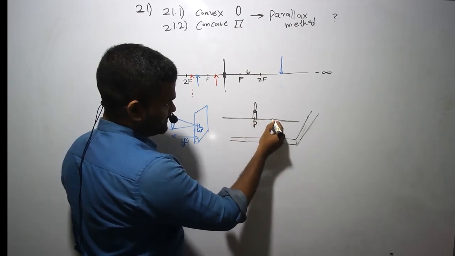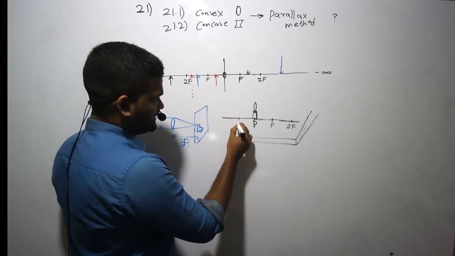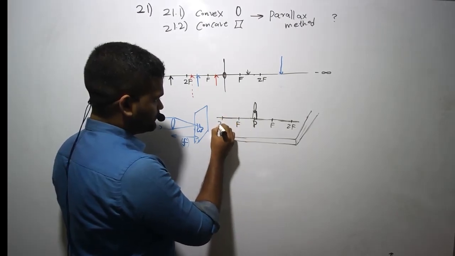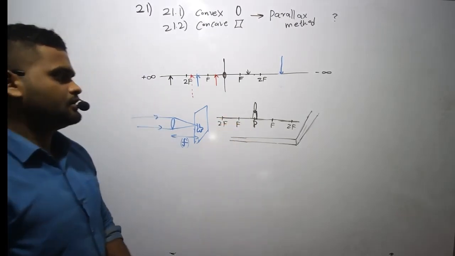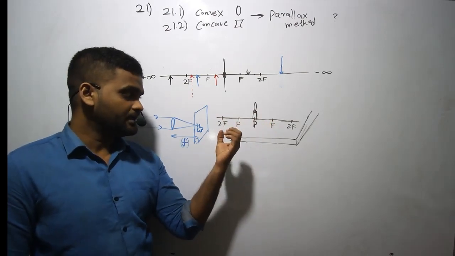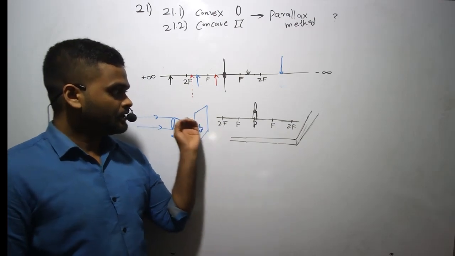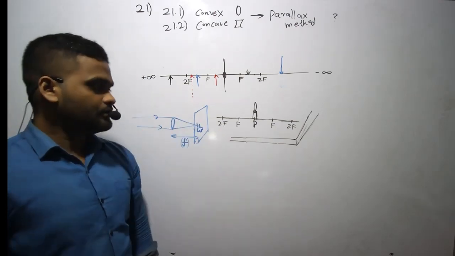So this is, let's say, f, and twice the distance is 2f. You mark it here as well, f and 2f. When you mark these positions, it is going to be helpful as we are doing the experiment, right? So that's what we do.